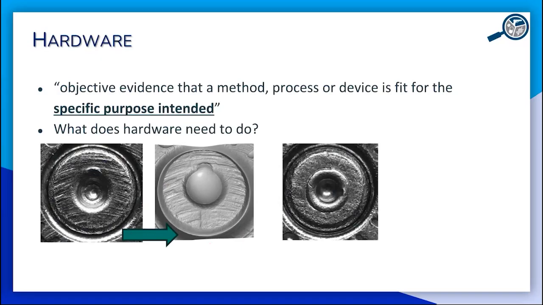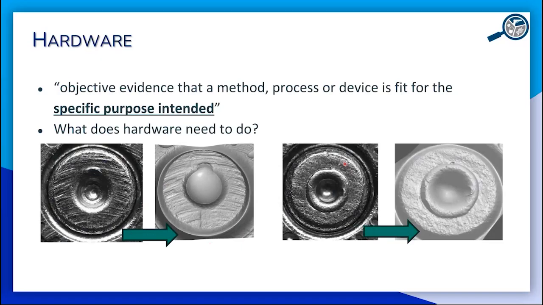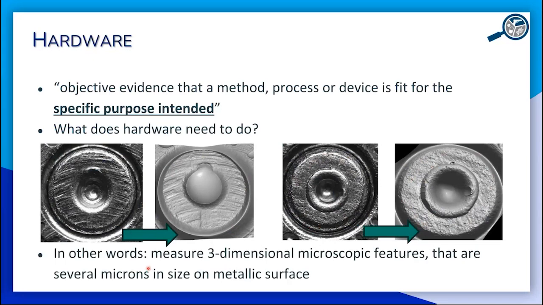Essentially, take these breech face markings and turn them into a 3D rendering. In other words, it needs to be able to measure three-dimensional microscopic features that are several microns in size and found on a metallic surface.